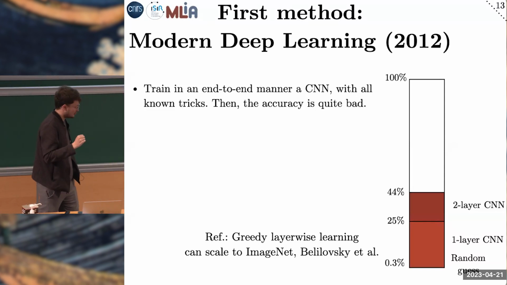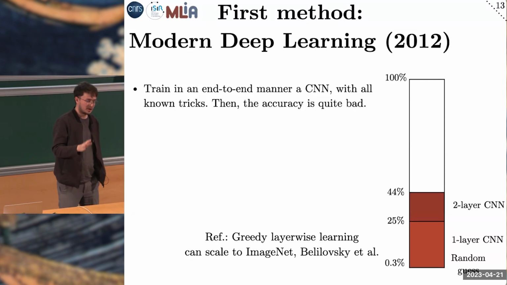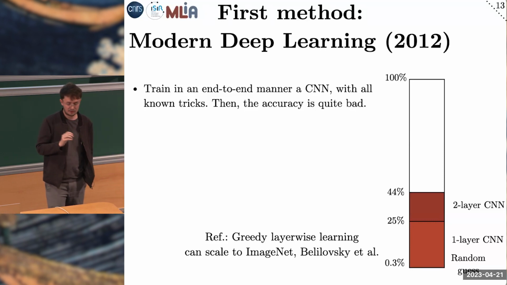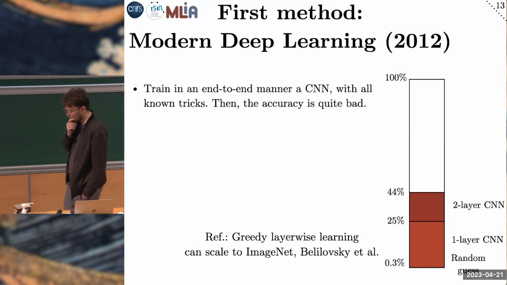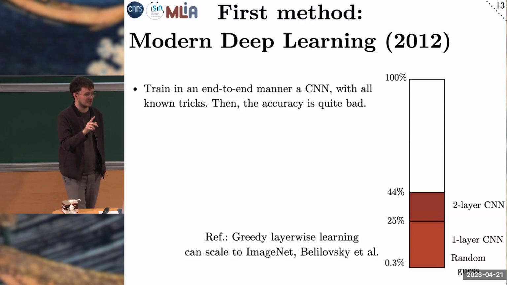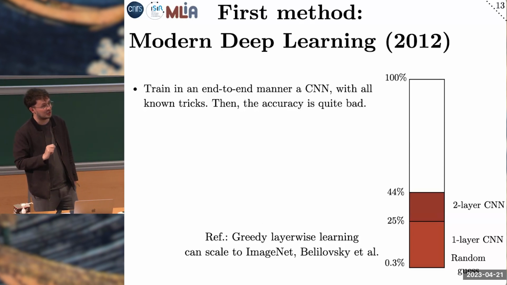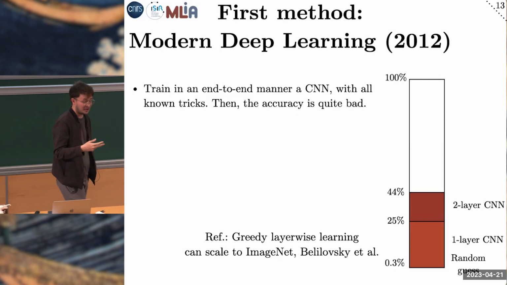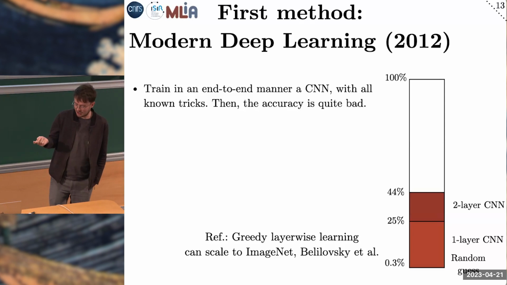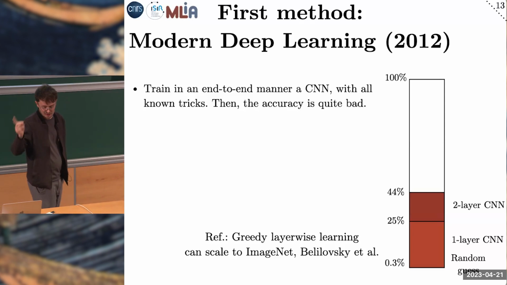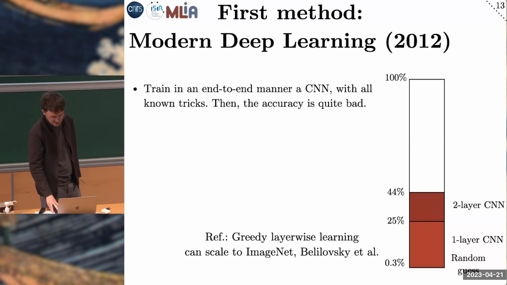Two layers are going to get you up to 44%. I'm talking, of course, about accuracy. And this baseline is interesting because, first of all, it's fairly simple to implement, and fairly simple to train as well. But I was not aware of it except in one work with Eugene.